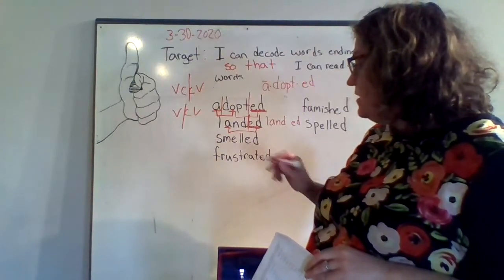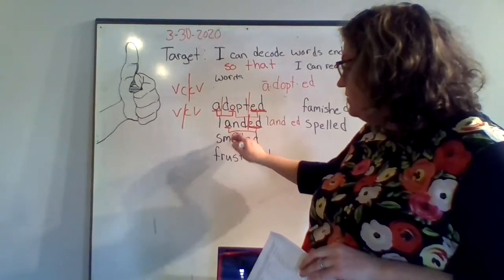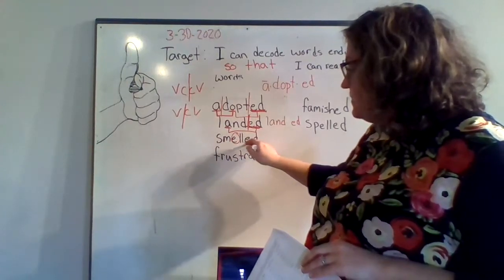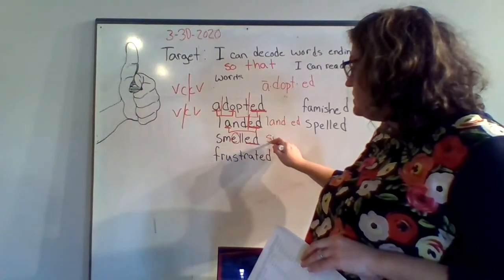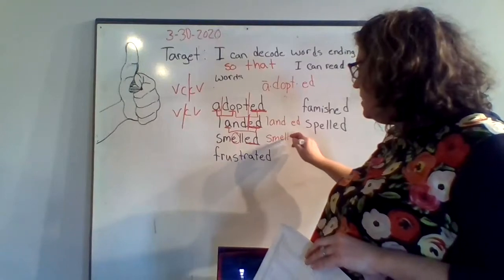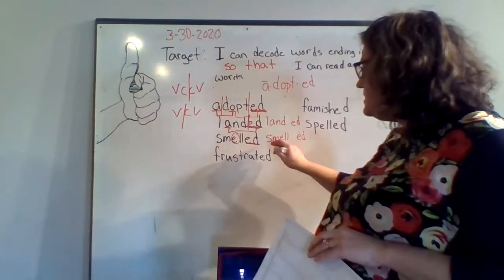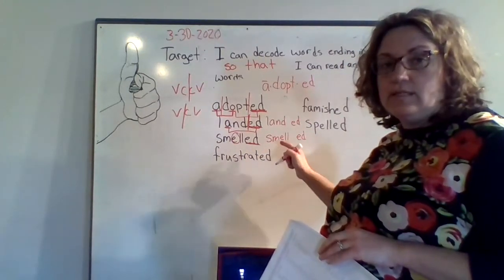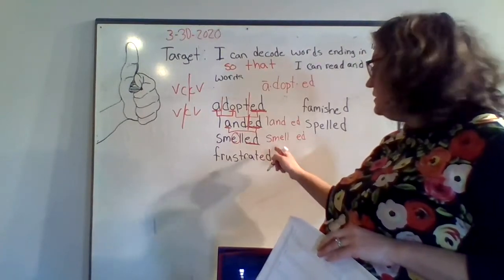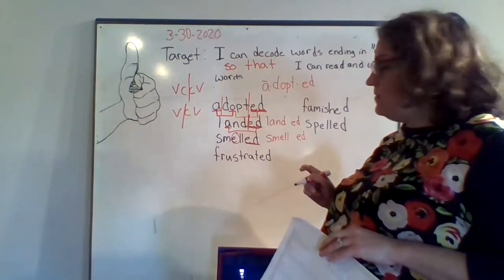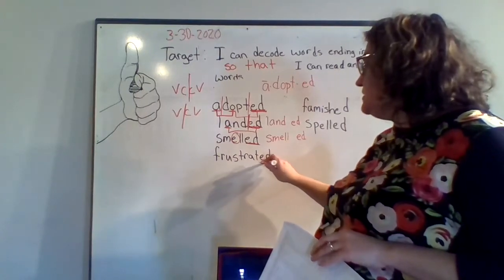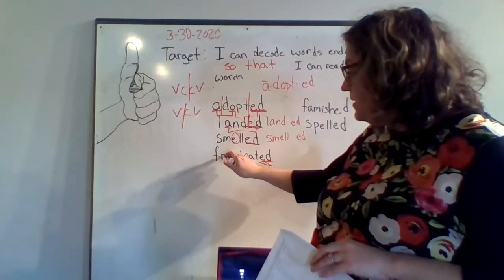Okay? Same thing here. There's only one vowel, right? This stays by itself. So smell, and then this stays by itself. Smelled. So two syllables. Smelled. And then this is going to stay by itself. But we can decode this part.